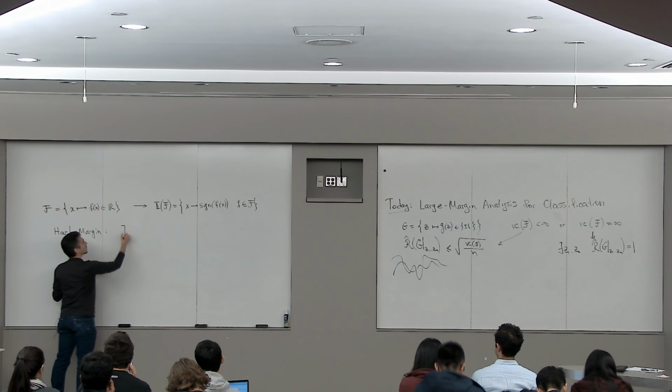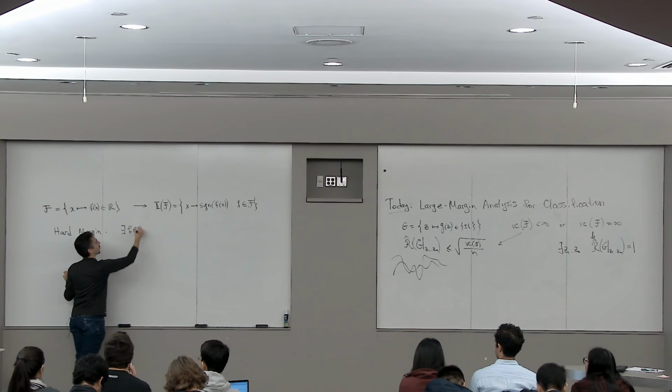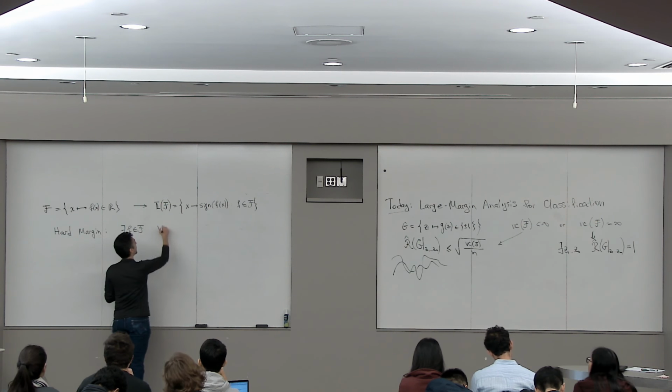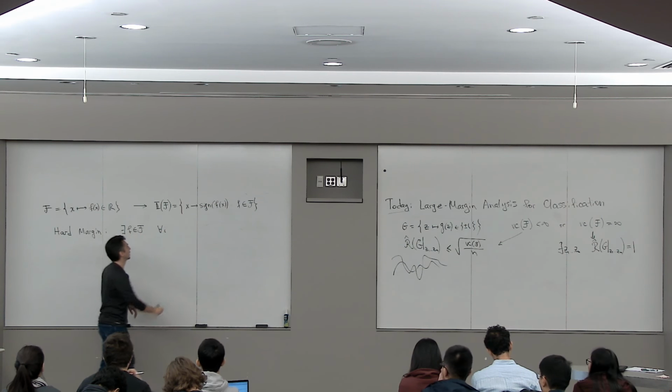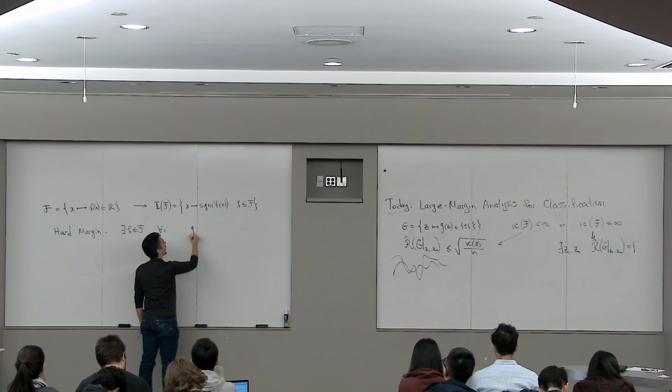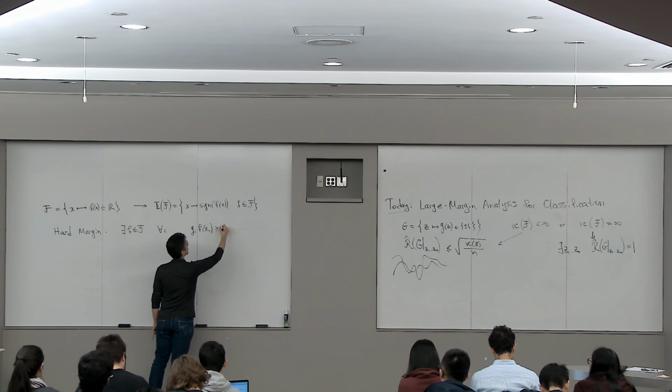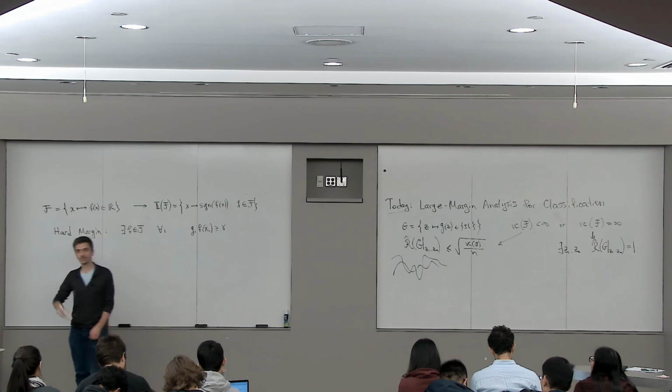which is: there exists an f in your class of functions such that for any index i, y_i times f of x_i is at least gamma. Right?